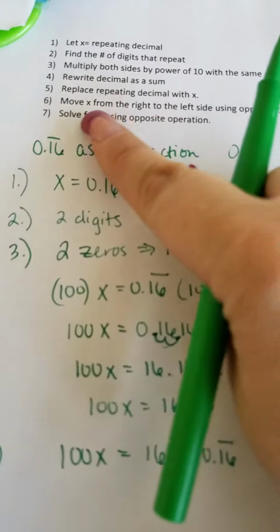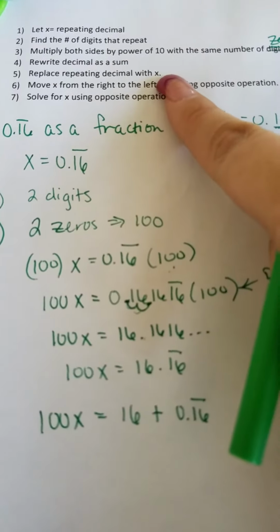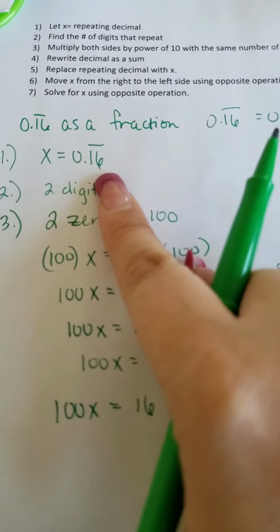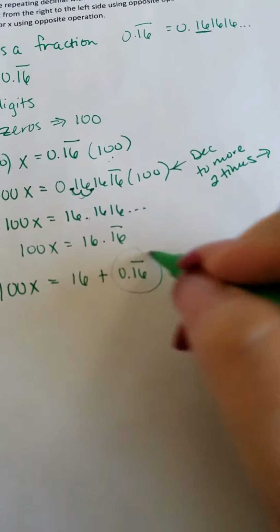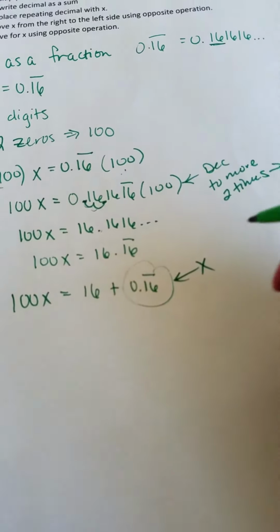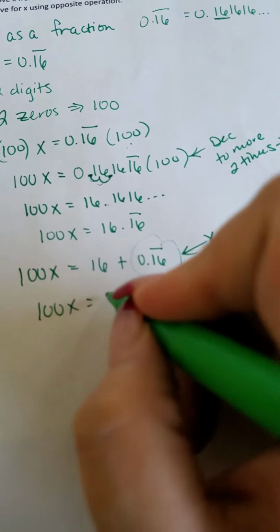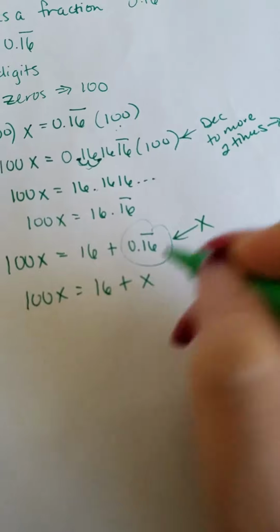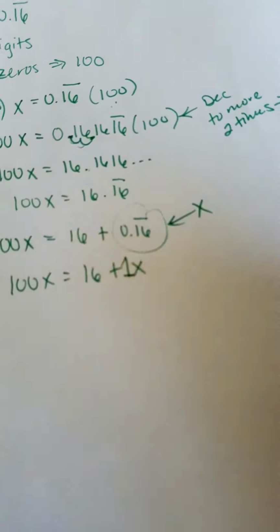Step number 5 is to replace the repeating decimal with the x. So right here, x is your repeating decimal. So therefore, this right here represents x. So I have 100x equals 16 plus x. This represents 1x.